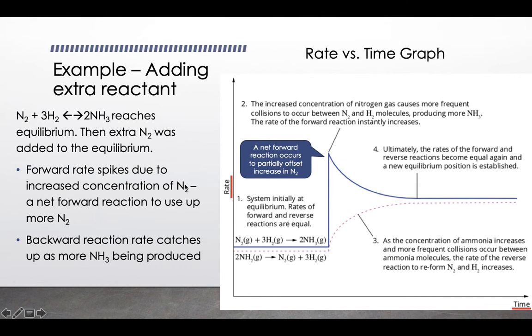Which makes sense because you added one of the components, so of course it will boost both reaction rates. The forward and backward reactions always affect each other at the same time. So new equilibrium, higher rate, and this is how the system is partially changed.